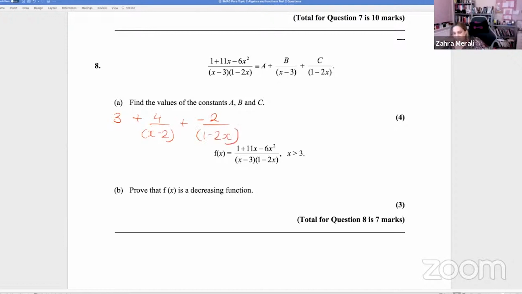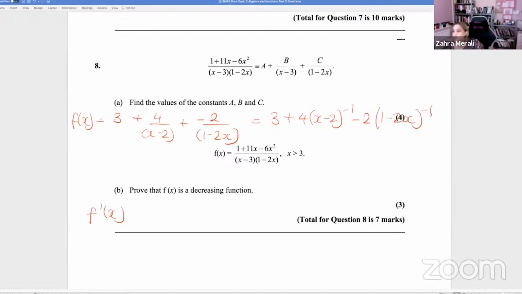Now we want to prove that it's a decreasing function. In order to prove increasing or decreasing, we want to differentiate. If we call this f(x), let's rewrite that as 3 plus 4(x minus 2) to the minus 1, minus 2(1 minus 2x) to the minus 1.